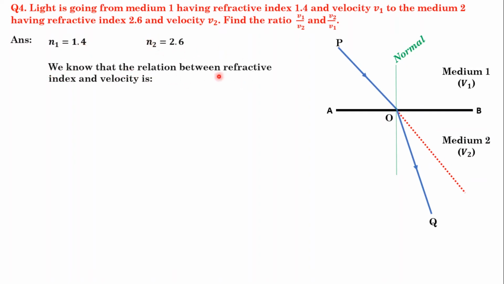We know the relation between refractive index and velocity: n1 is equal to v2 by v1, and n2 is equal to v1 by v2. Clear? So v2 by v1 is equal to 1.4. And what will be n2? n2 is 2.6. So v1 by v2 is equal to 2.6. So these are our answers.